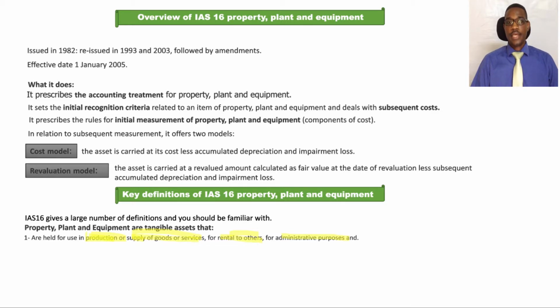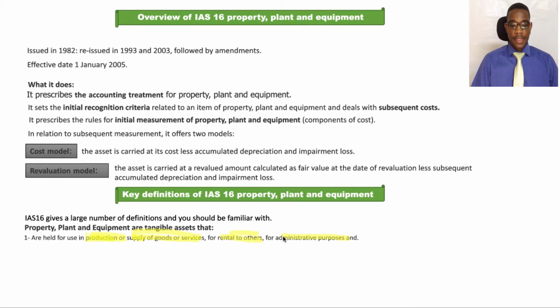So let's say a constructing company builds its own head office, and this head office is classified as property, plant, equipment item, because the main ordinary activity for that company is constructing buildings.